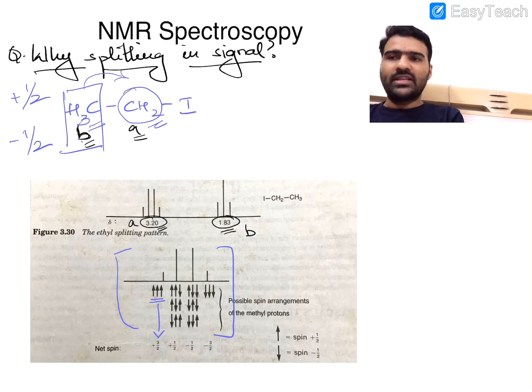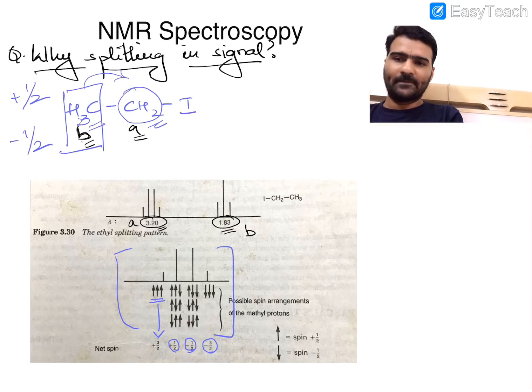There is another possibility wherein two out of these three nuclei could have one type of spin and one of these three could have the other type of spin, and there are three different ways in which you can attain such an overall spin for the methyl. That's represented by plus half here. Likewise, you have another spin state represented by minus half, and right at the end you have a minus 3/2 over here.